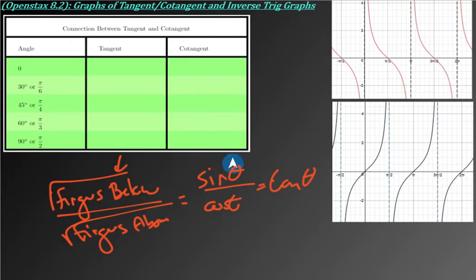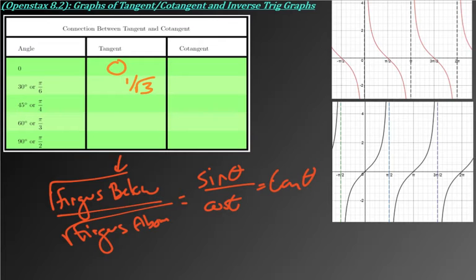So this is square root of fingers below over 2. This is square root of fingers above over 2. The 2's cancel, and so you get this. So literally, when I do 0, there's no fingers below, so it tells me right off the bat this is 0. If I go up to my ring finger, 1 finger below, 3 above, so it's basically square root of 1 is 1. It's 1 over square root of 3.